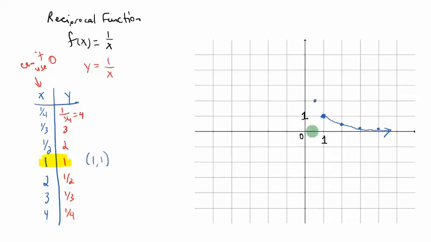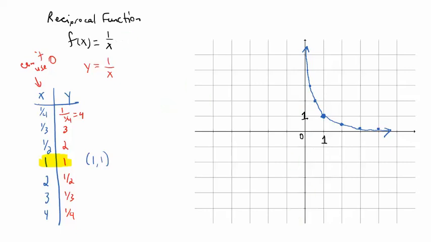And if x is 1/3, which is even smaller, y is 3. And if x is a fourth, y is 4. And so as you move this way, you can imagine that you're getting closer and closer and closer to the y-axis, and will never touch as well. Now, that's very interesting. You don't touch the x-axis, you don't touch the y-axis. You don't have an x-intercept, you don't have a y-intercept.